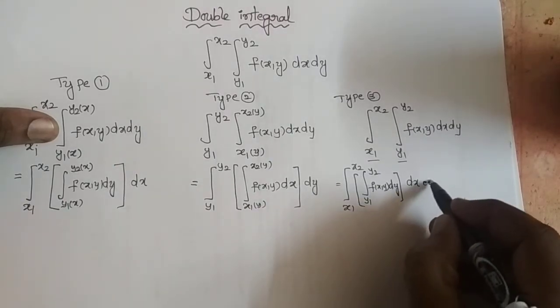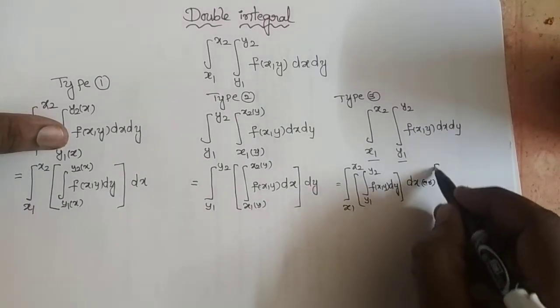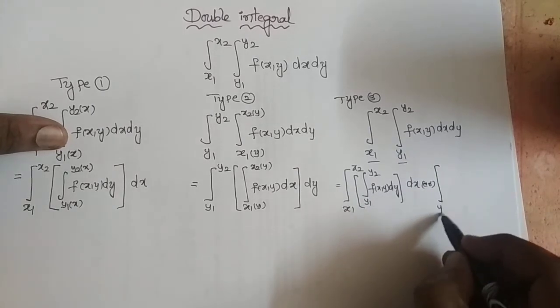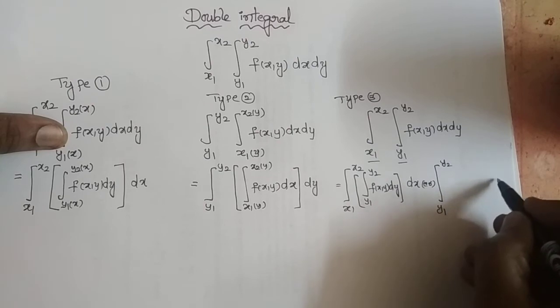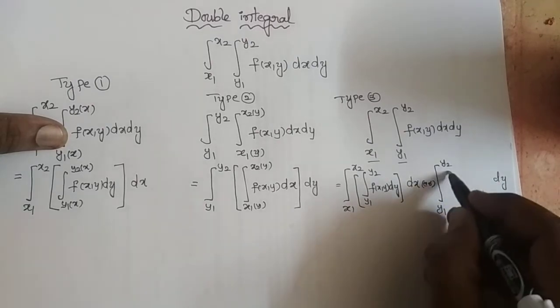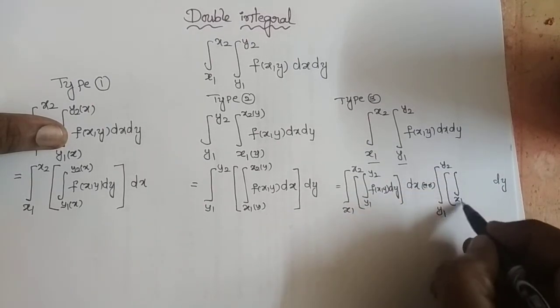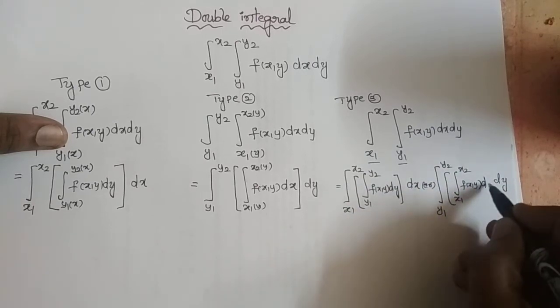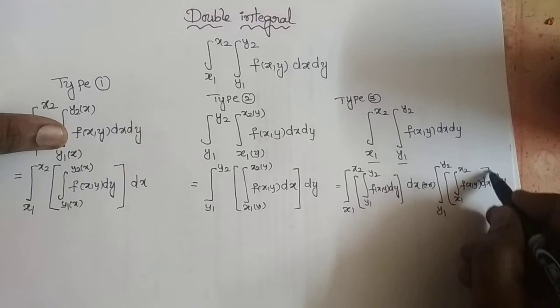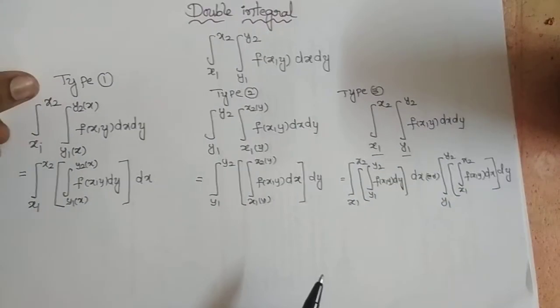Or you can take the same analysis with y boundaries: integral y1 to y2, and inside integral x1 to x2 f of x comma y dx, which belongs to the x limits. These are the mathematical formulas.